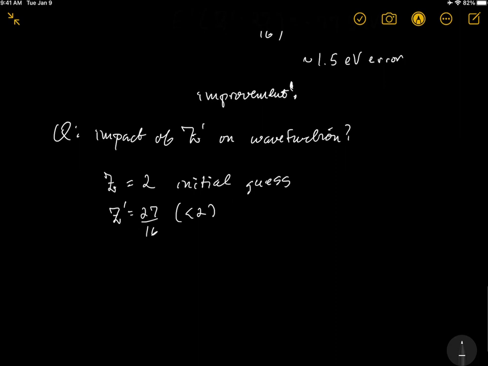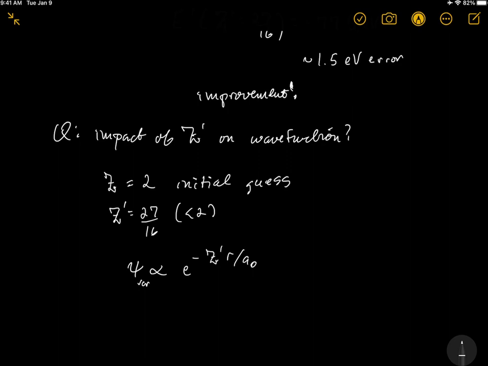And our wave function, if we ignore the normalization constants, our variational or trial wave function is proportional to e to the minus Z prime r over a naught.